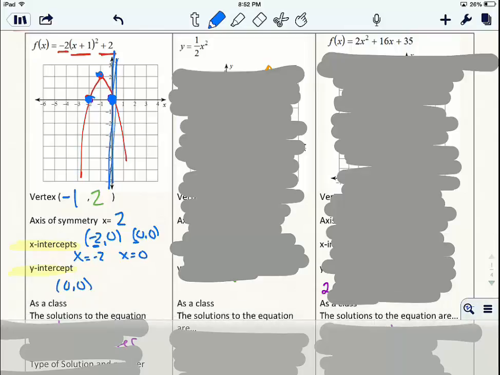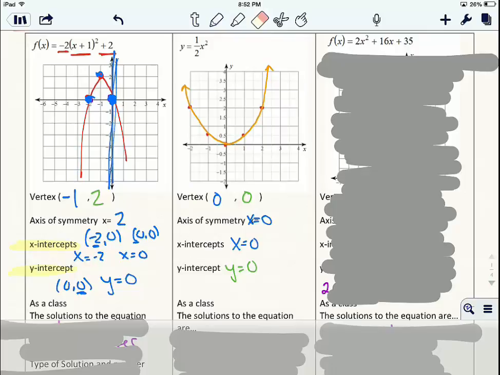We're talking about the y, this part, so you could say y is 0. Okay, here was the other graph. It had a vertex at 0, 0, axis of symmetry at 0 because it got cut in half, x-intercept at x equals 0, and y-intercept at y equals 0.